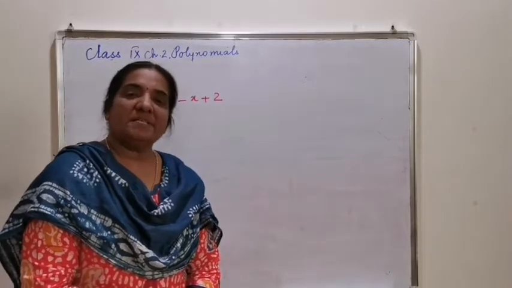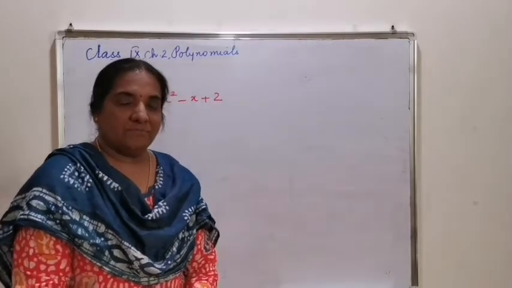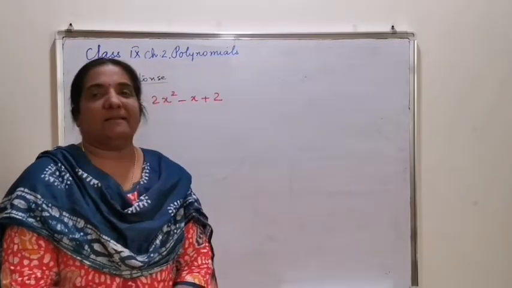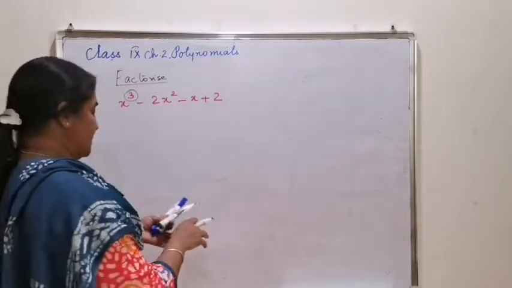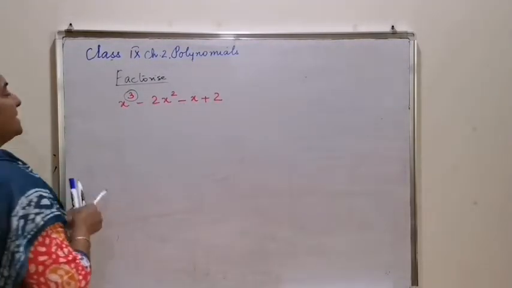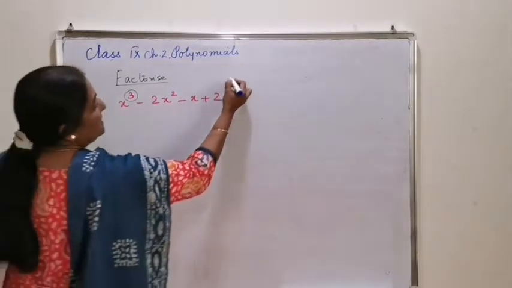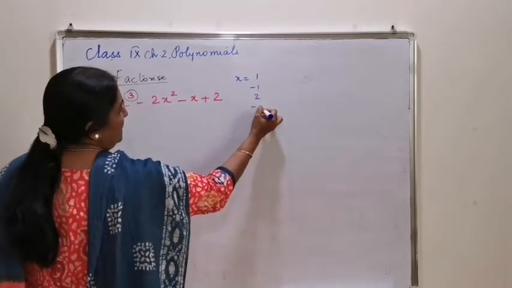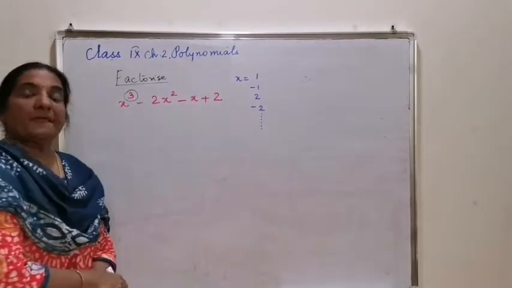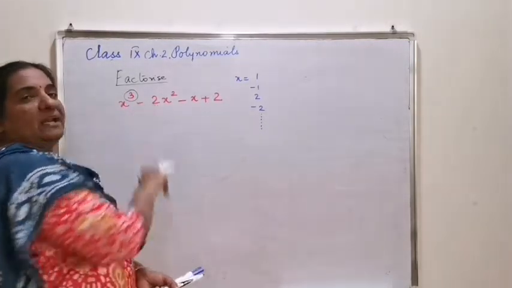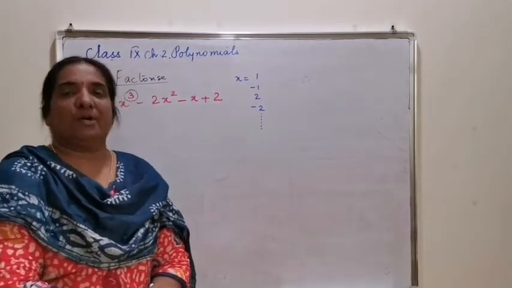The first step to find out which is a factor is only through a trial and error method. Substitute the value of x as 1, minus 1, 2, minus 2, etc., till you get this polynomial as a 0 polynomial.